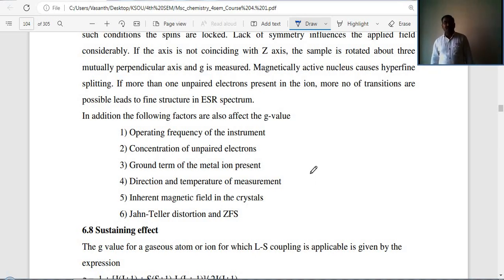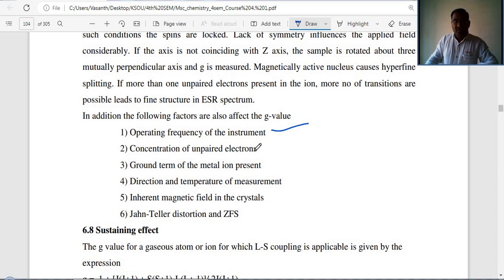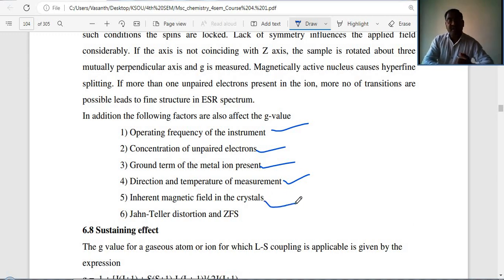This g value is also affected by some factors: operating frequency of the instrument, concentration of unpaired electrons, ground term of the metal, direction and temperature of measurement, inherent magnetic field in the crystals, and Jahn-Teller distortion.